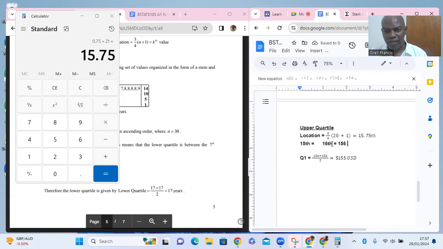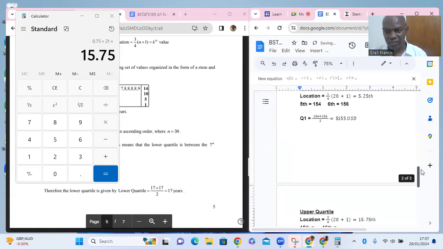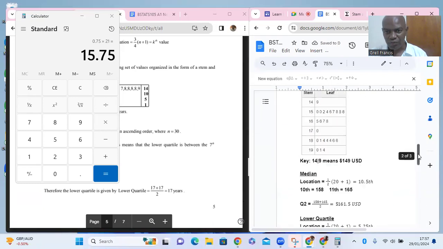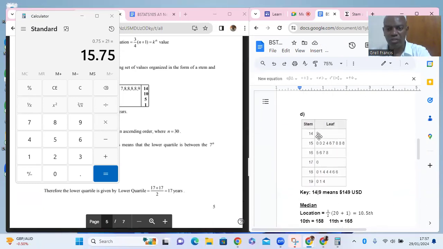And then we are going to find the average of those two data values. So the 15th, let's start counting. 1, 2, 3, 4, 5, 6, 7, 8, 9, 10, 11, 12, 13, 14. The 15th is 170 and the 16th is 180.